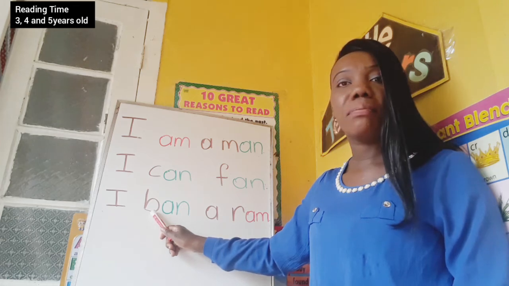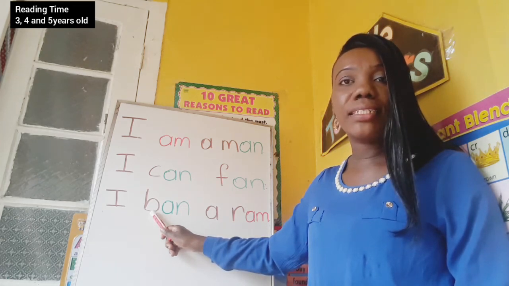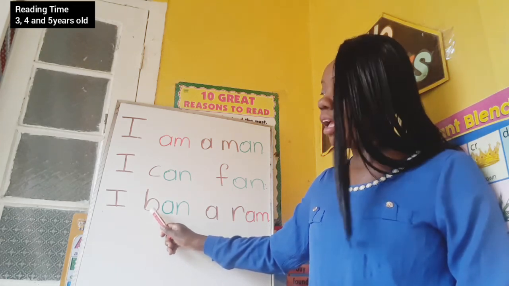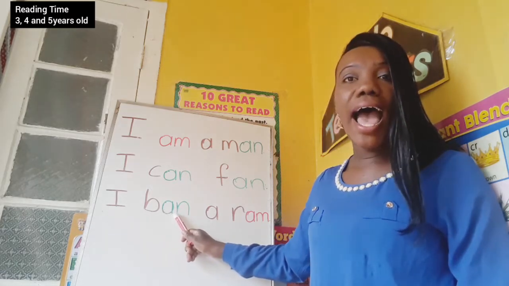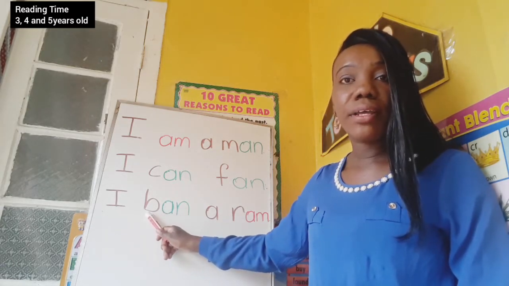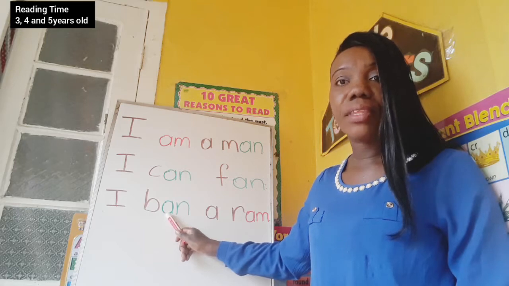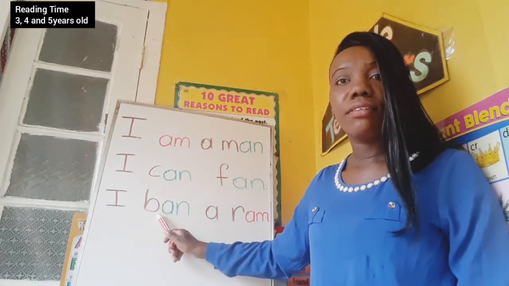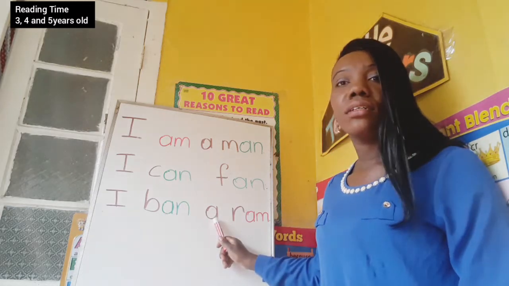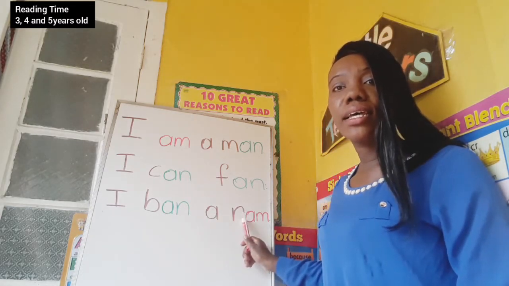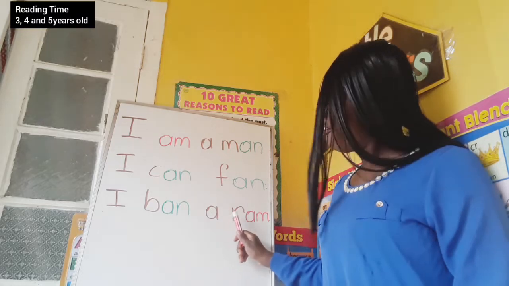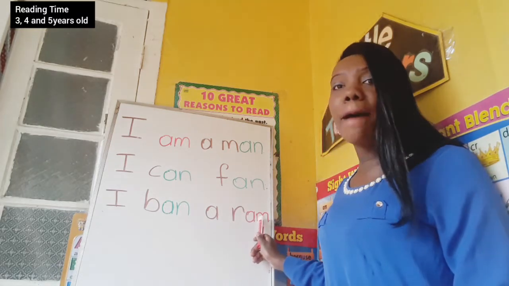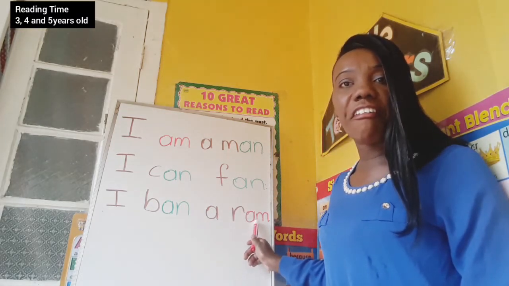What letter is this? B. And B says B. Let's sound it. B. An. What's the word? Ban. I. Very good. Am. The word is ram.